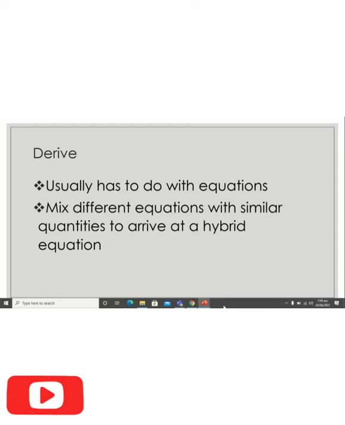When you're given a question, look for these words because they tell you exactly what the examiner is asking you to do. If they don't ask you to determine something or derive something, don't derive it, don't determine it. If they ask you to state something and you go and explain something, then you are wasting your time, really. You simply need to do what the examiner is asking you to do.